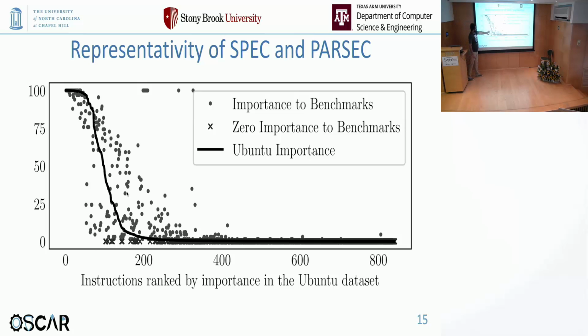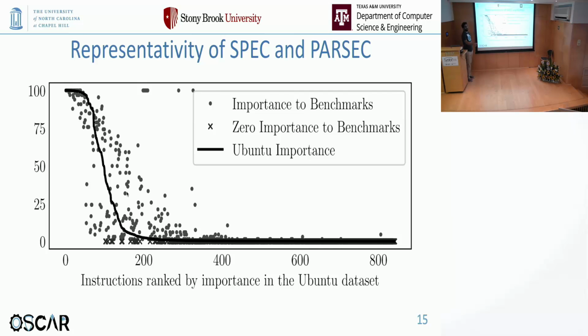Now, an important thing to notice is there's a whole bunch of X's down here. These X's are where the instruction has a certain importance to Ubuntu, but does not occur at all in the benchmarks. For example, some of these may actually be as high as 50%. One of the surprising ones that we found was the lock prefix, which makes an instruction atomic.